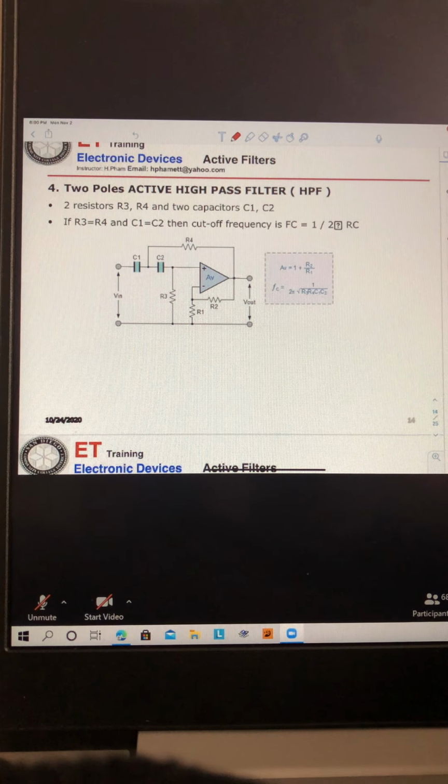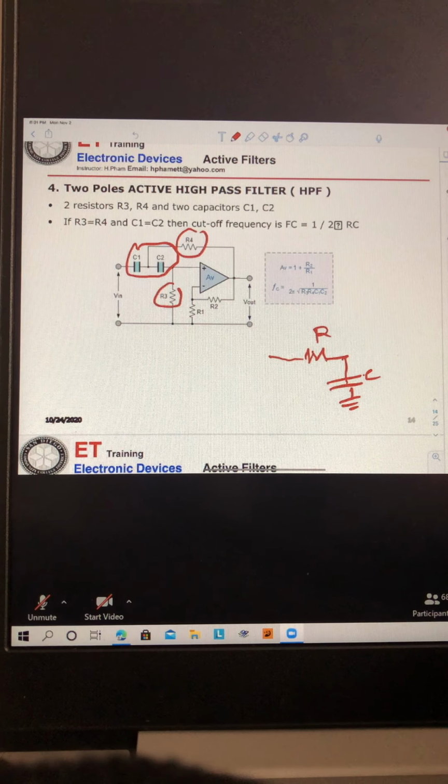That means in the circuitry you can get only 1 R, only 1 C. So that will be 1 pole. 1 pole will go down 20 dB per decade. When you have 2 C and 2 R, that's why it will be 2 pole.